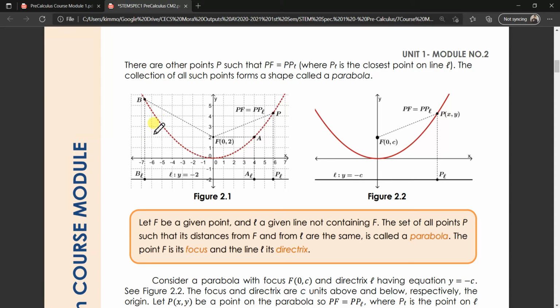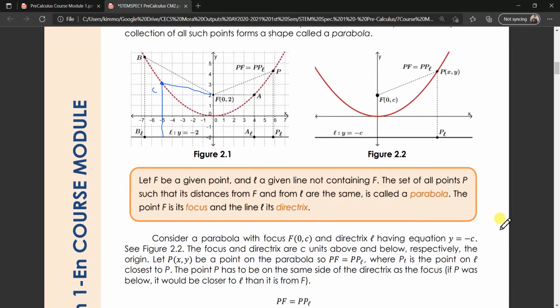Let's say this is point C. If the distance from this point to F and the distance of point C to the line are equal, then it belongs to the parabola. And the point F is what we call the focus. So this F is the focus. And the line L here, at the bottom, that is what we call the directrix.